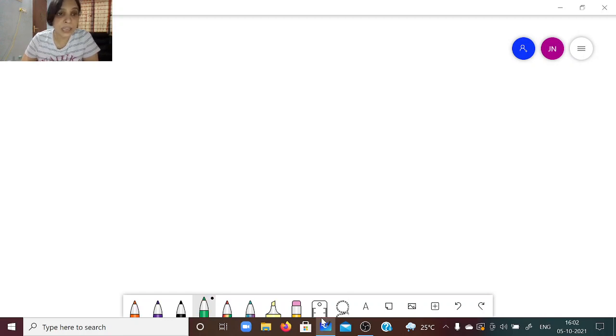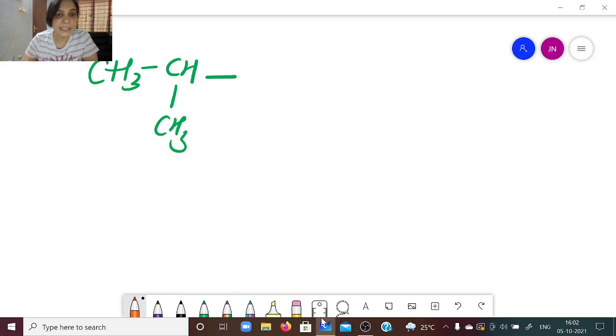It is easy to name if you know these branch names. For example, CH3. Example, three carbons are there, and the second carbon is attached to the main compound. So the name is isopropyl.